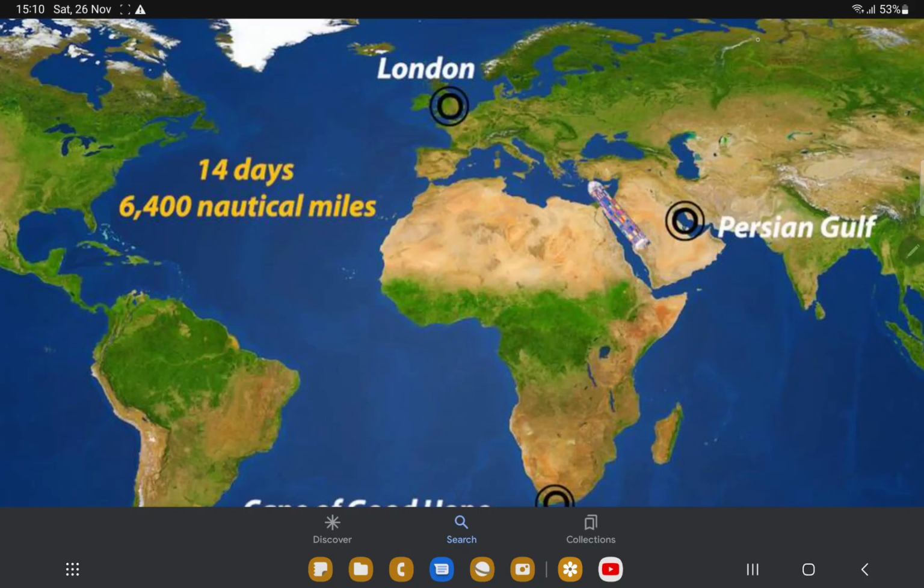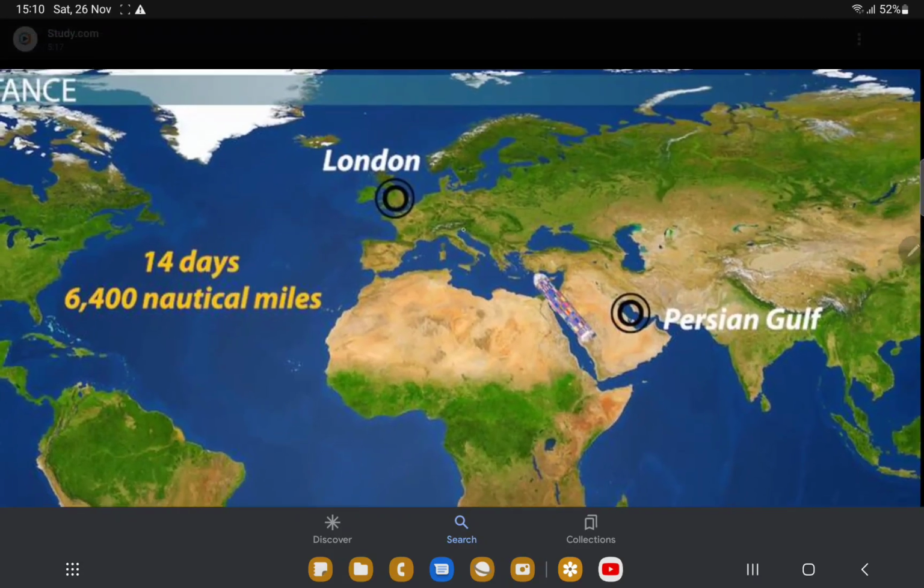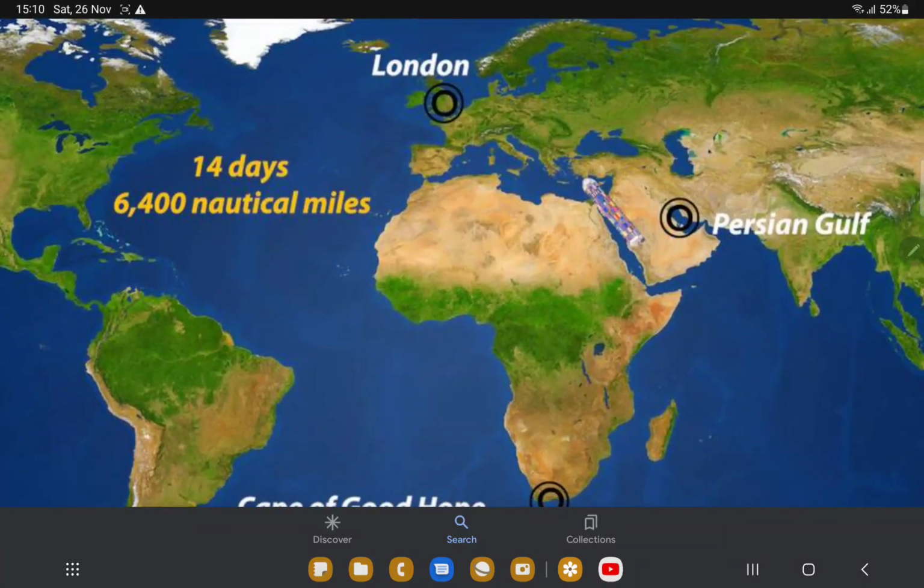First of all, what is a canal? Let me explain, starting from the basic things. A canal is nothing but a routeway, a passageway.